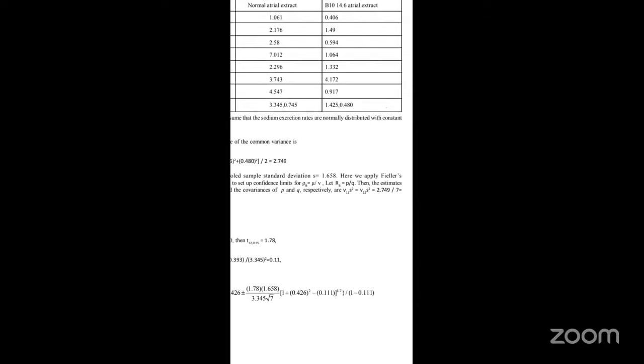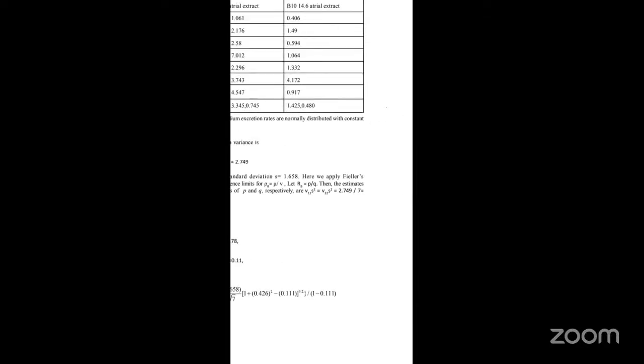Where R_U equals 0.426 plus or minus 1.78 into 1.658 by 3.345, root of 7 into 1 plus 0.426 whole squared minus 0.111, whole power of 1 by 2, into 1 by 1 minus 0.111.